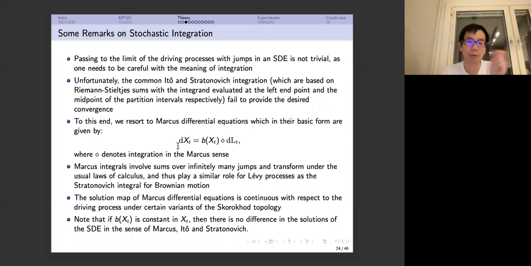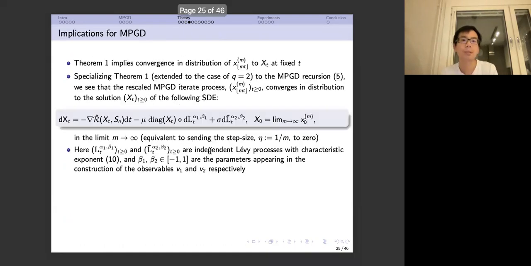Basically, it involves possibly infinitely many jumps, and it transforms just like under the usual laws of calculus. So these are the intuitions for why we use these Marcus differential equations. There are some technical details behind this, but this is what people have been using in studying this type of SDE.